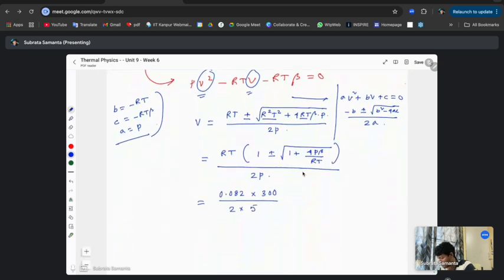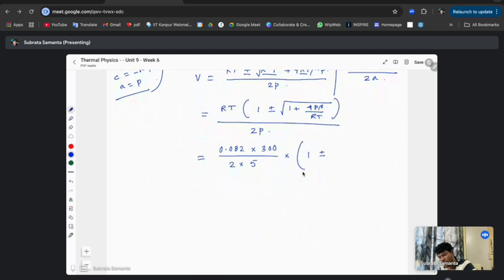So 5 times 1 plus or minus, now I have to compute this one. So this is 1 plus 4, P is 5 and beta is 0.02, over the R value 0.082, and then T again 300.